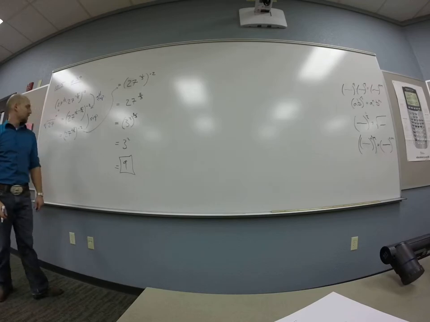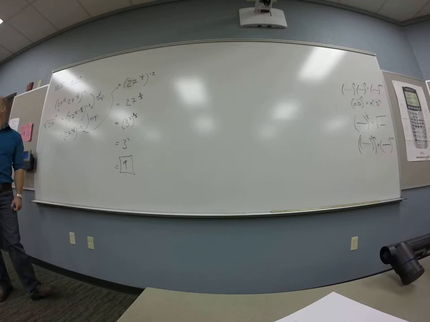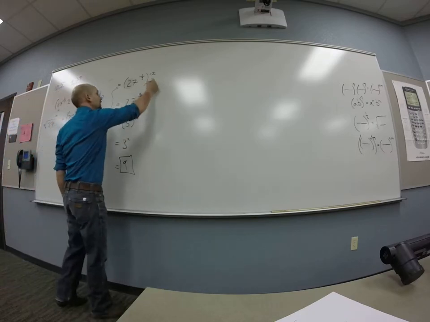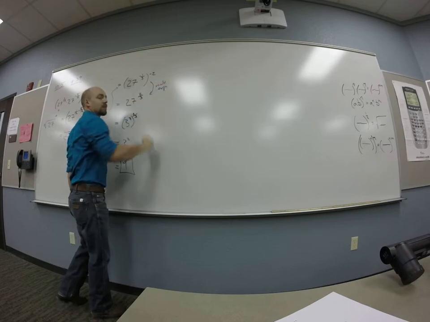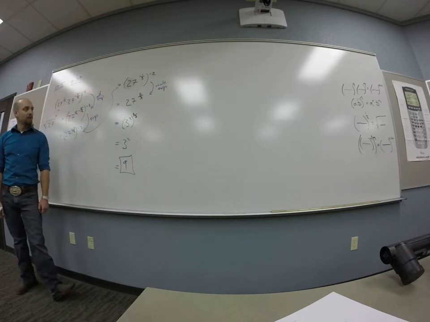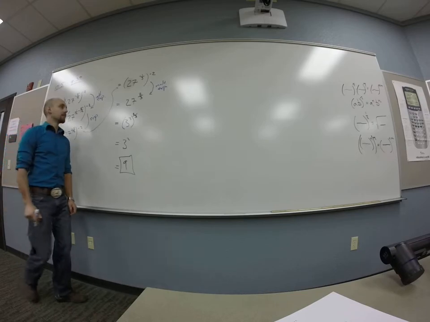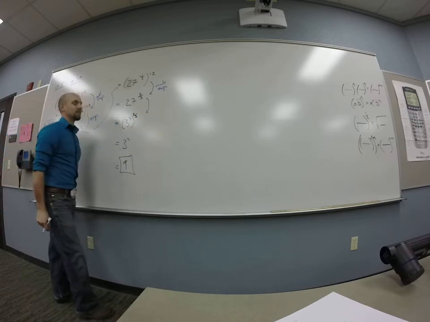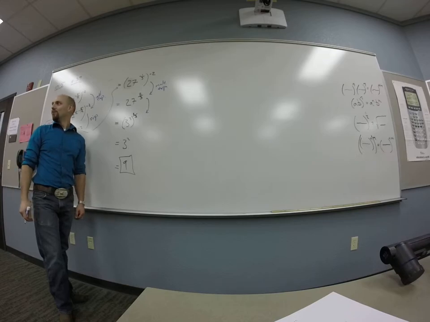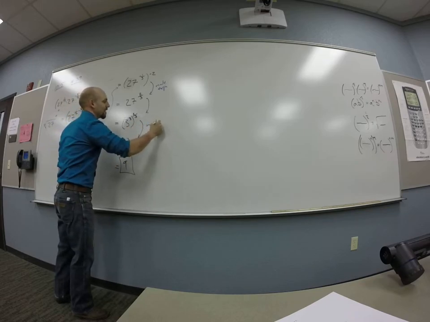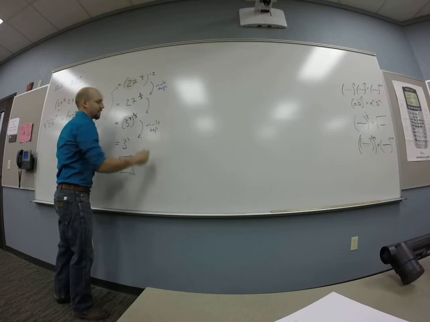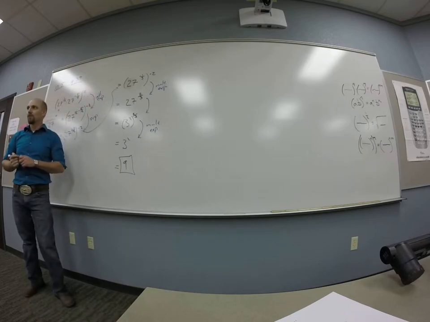To get there, that was another simplify step, right? This was a multiply exponent. This was a re-express or something, and then this was a multiply exponent. Cool.